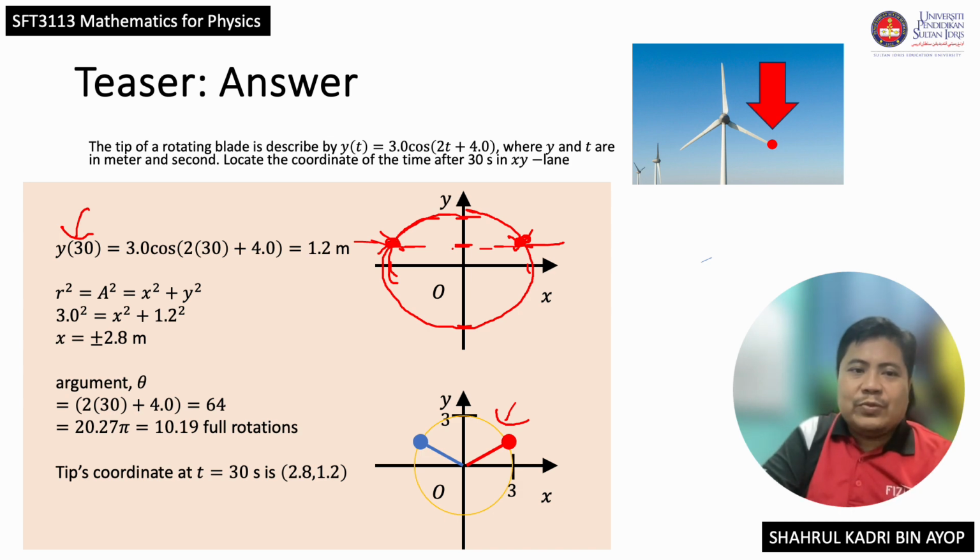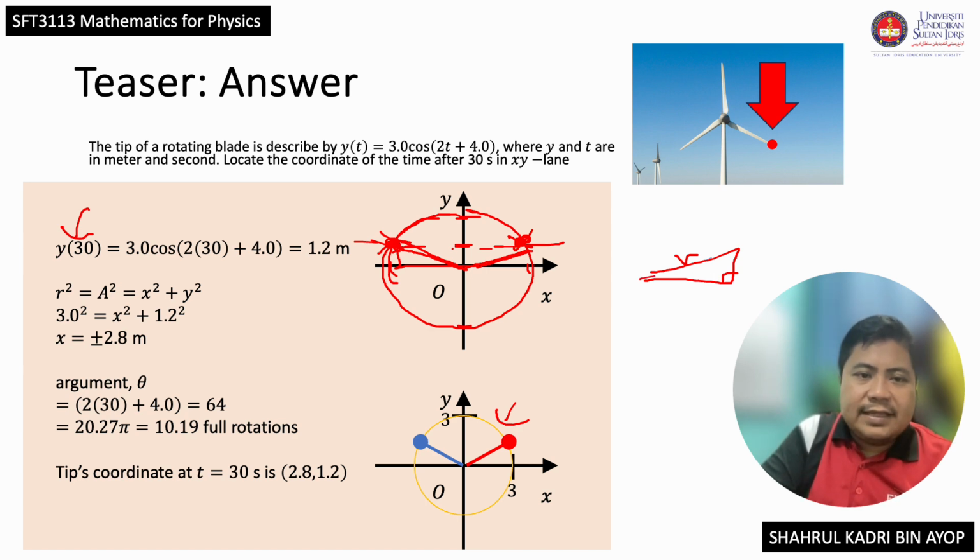What we can do is write this as a vector, or the distance between here and here. We can make a rectangle so that it becomes easier to understand. Then we build the Pythagorean theorem of the triangle, where this is 3, because we know this is 3 already from here.